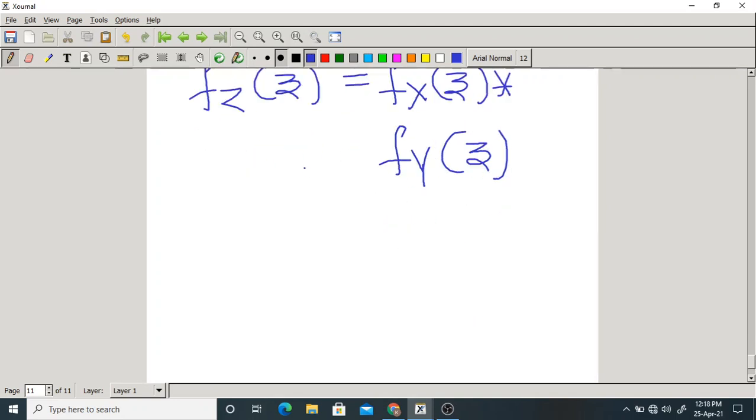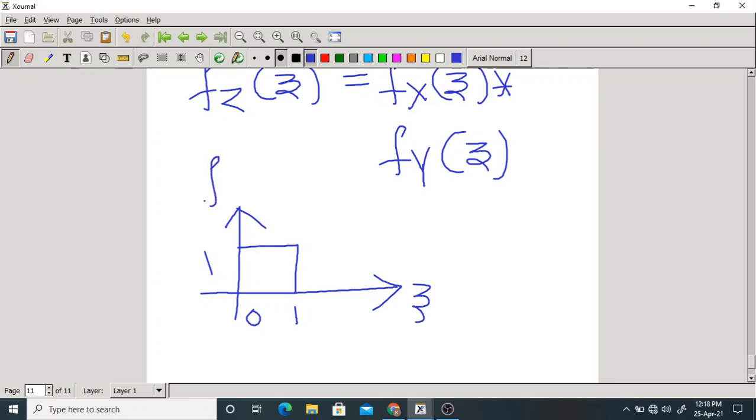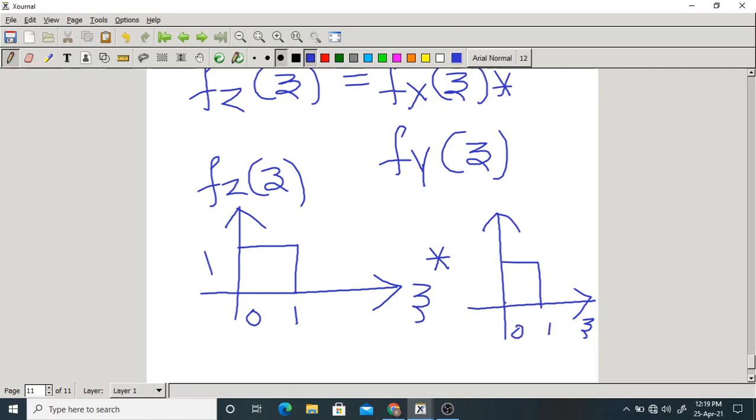Now I am simply asking, what is the convolution of these two? Zero to 1, height 1, this is fx of z, convolution with zero to 1, height 1, this is fy of z.